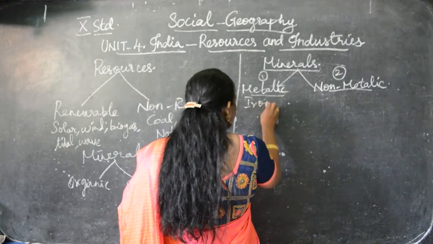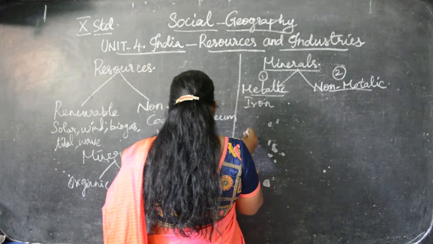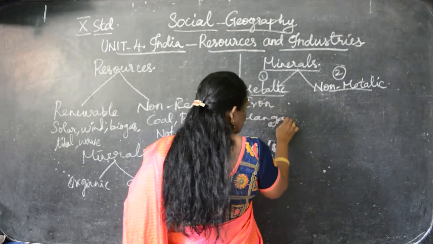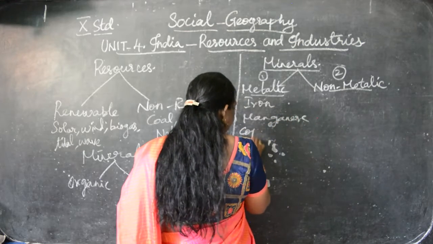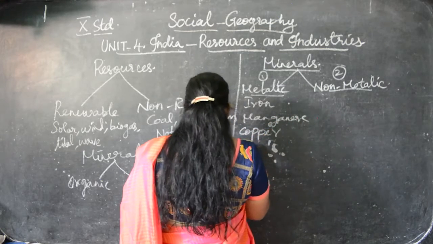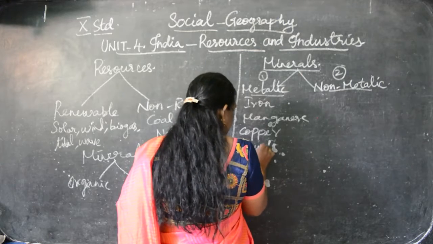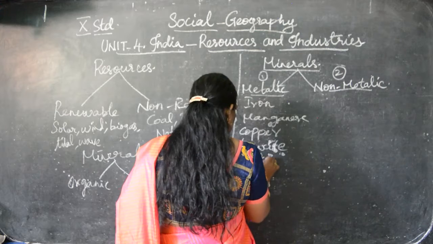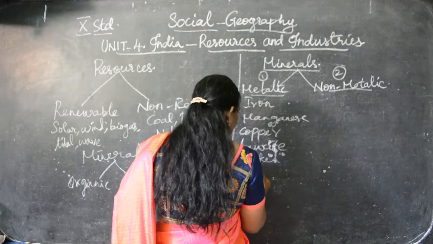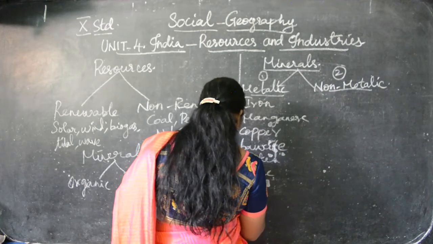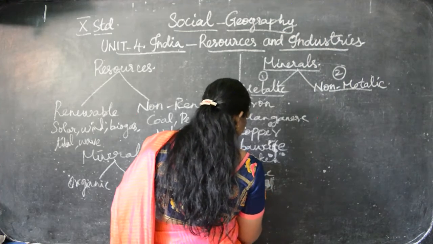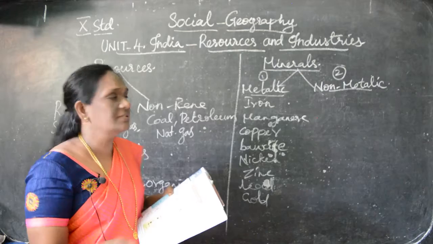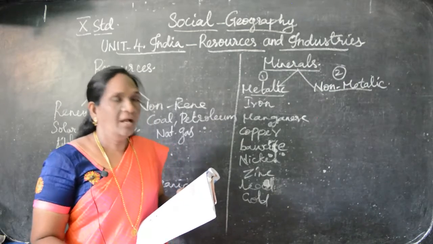Iron, manganese, copper, bauxite, nickel, zinc, lead, gold, and so on. இன்னும் நிறைய இருக்கு. Understand? These are called metallic minerals. Okay. And one by one we'll see.